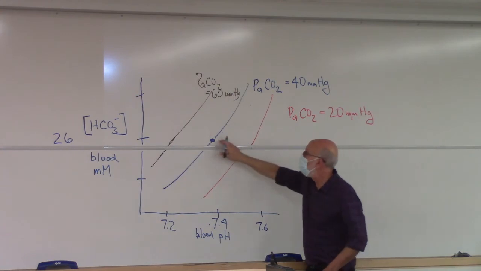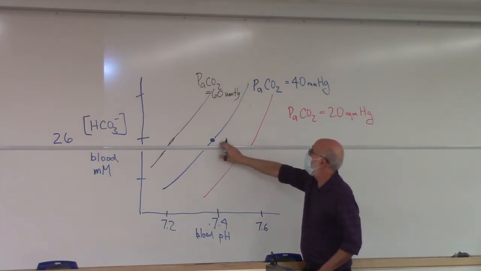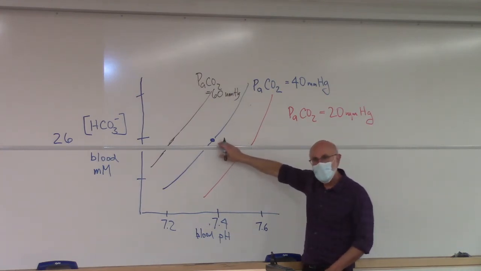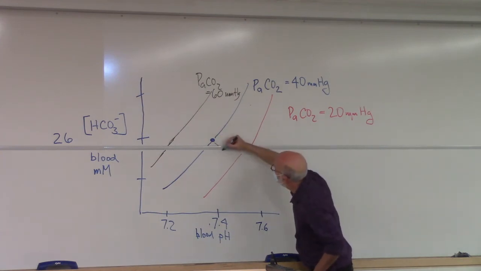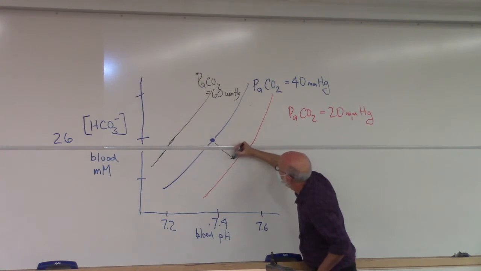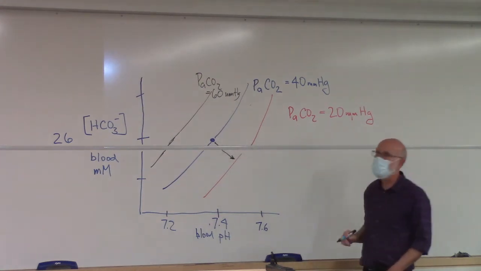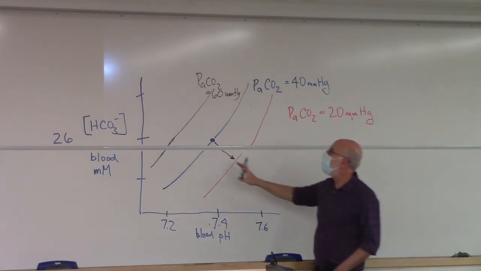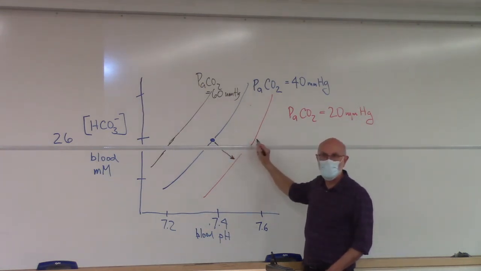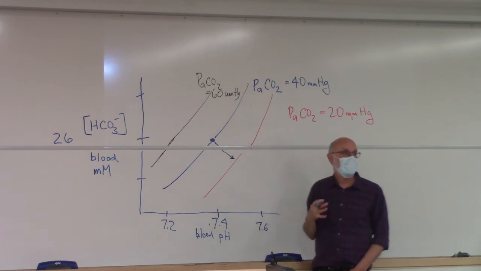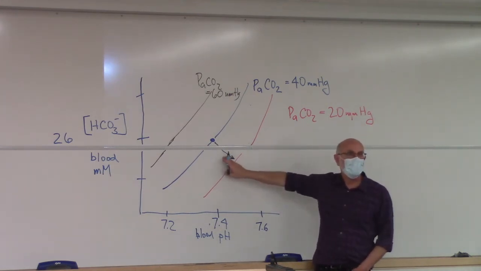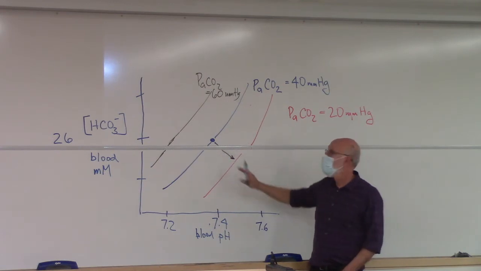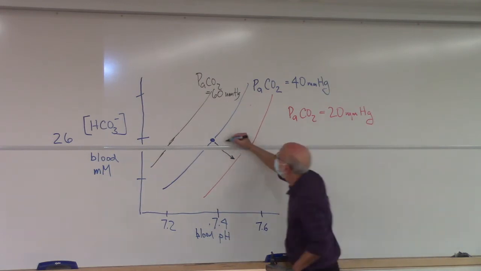But on the way, you moved from 40 to 38 to 36 to 30. So hyperventilation is moving from this point to this line. And I can't really explain why we don't just draw a horizontal line. It has to do with the buffering of your body. We draw a line that looks more like this. So this is hyperventilation.